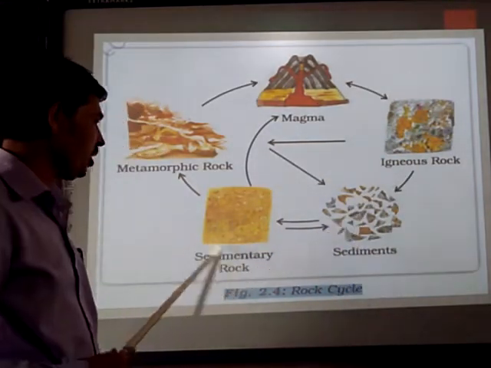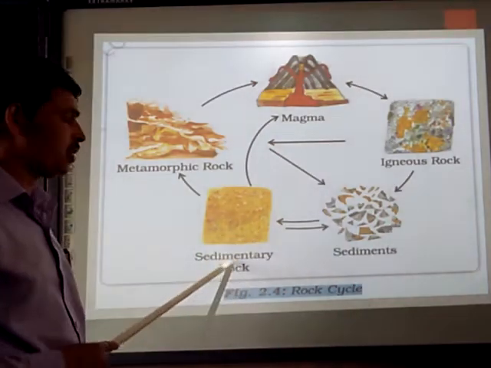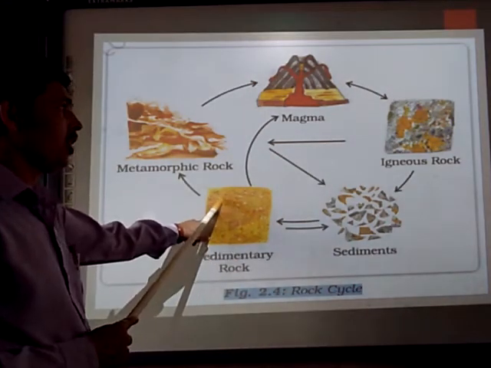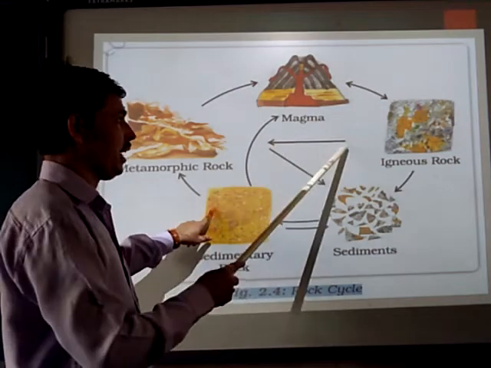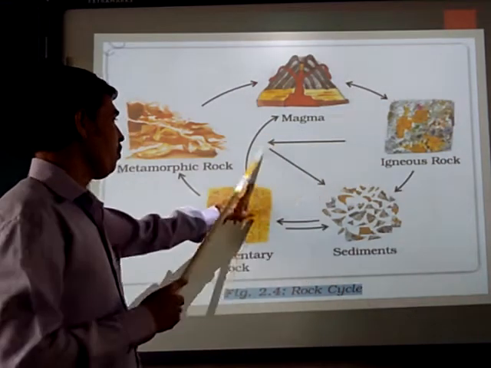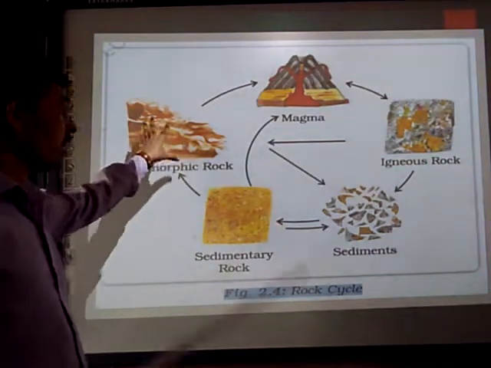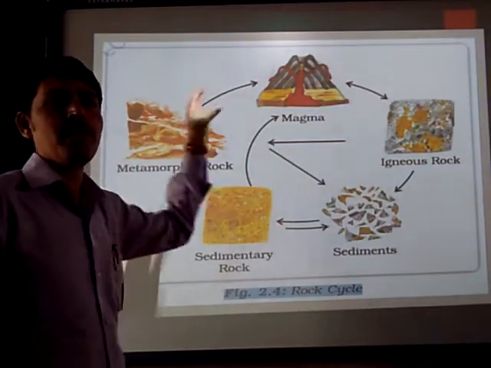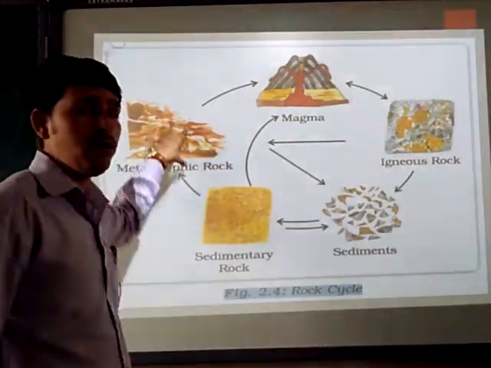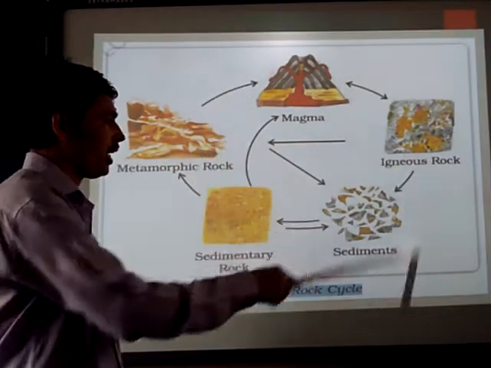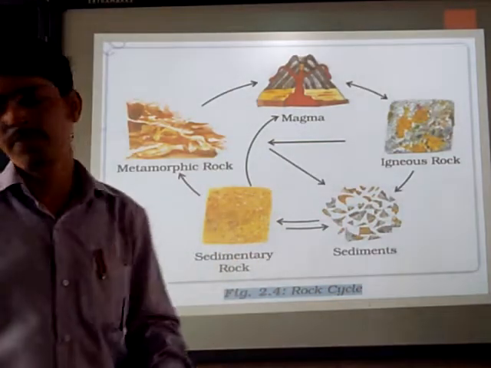Then the sediments are collected here and form sedimentary rocks. After that, the sedimentary rock and this igneous rock, here the arrow is shown. Both rocks, due to heat and pressure, are converted into metamorphic rock. Again this metamorphic rock with heat and pressure will convert into molten magma and again move here. So the rock cycle is moving like that.